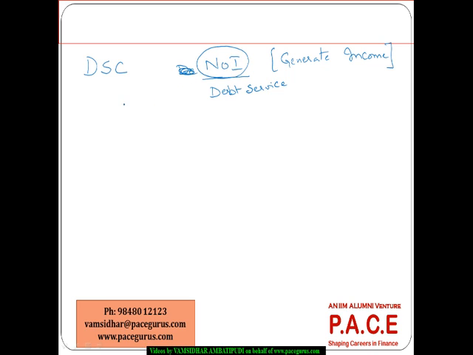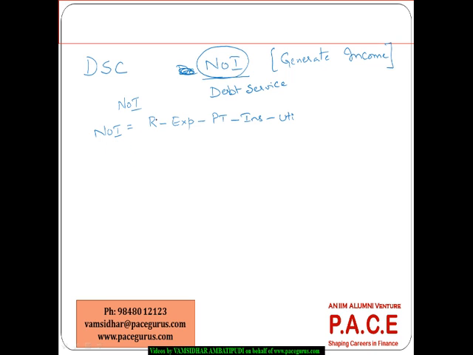So for this net operating income, based on whatever revenues I'm going to get, I'm going to subtract all the expenses that are associated with that particular property, including the property taxes, any kind of insurance, any kind of utility payments, all are subtracted to arrive at this net operating income. We don't take any kind of income tax out of it.